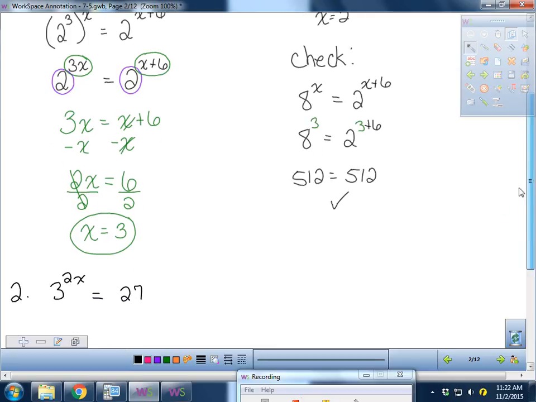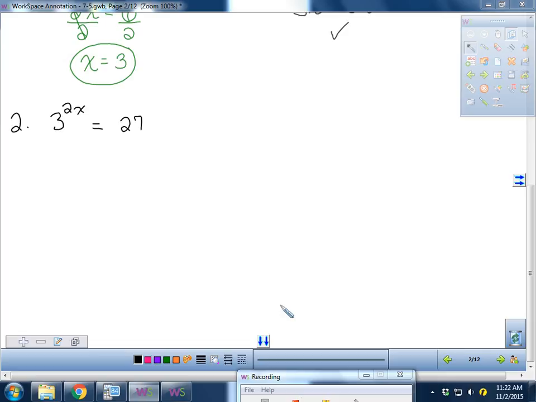All right, number 2. Again, if I can write them with the same base, that's what I want to do. Okay. So I have a base of 3 here. That's a prime number. Can I rewrite 27 with a base of 3? Well, I think that I can. 27 is the same thing as 3 raised to the third power.